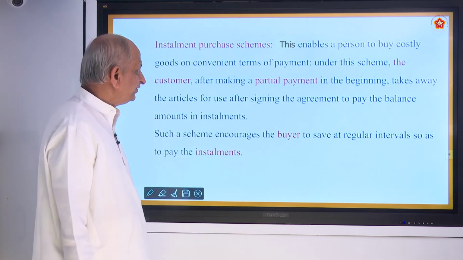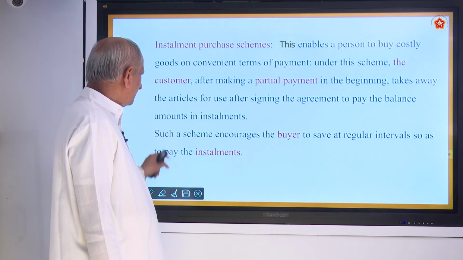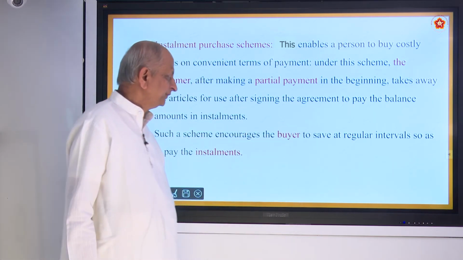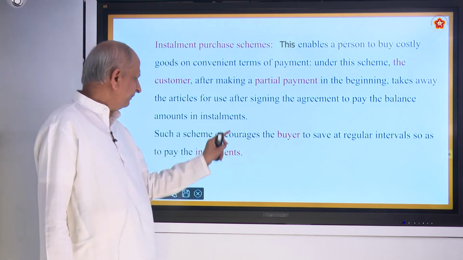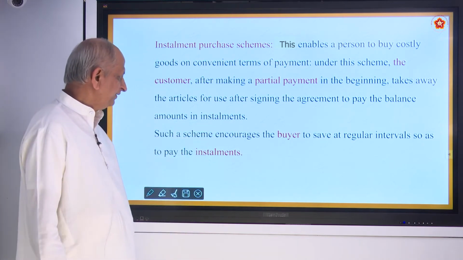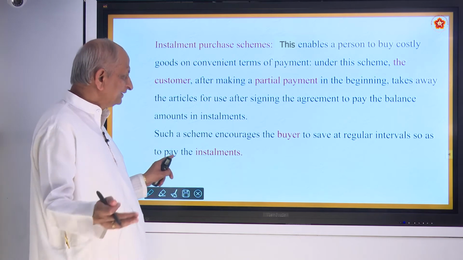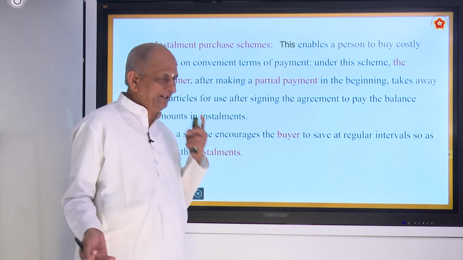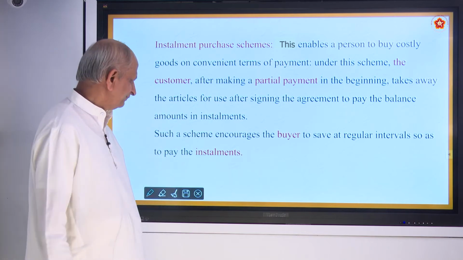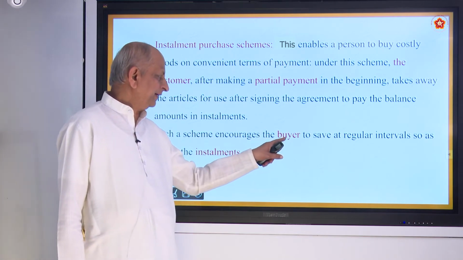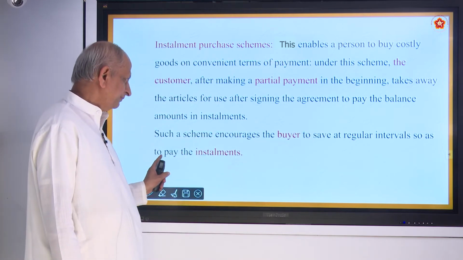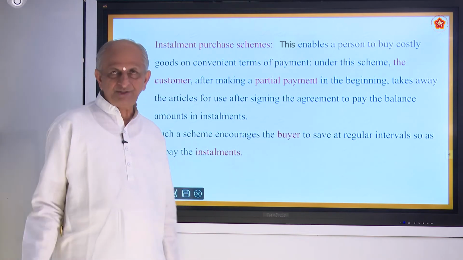That is called cash down payment, and takes away the articles. He agrees as per agreement to pay the balance amount in installments. Those installments may be monthly, quarterly, yearly, like that. There will be some agreement for that. So the buyer will be at an advantage. He can pay the amount at regular intervals called installments.